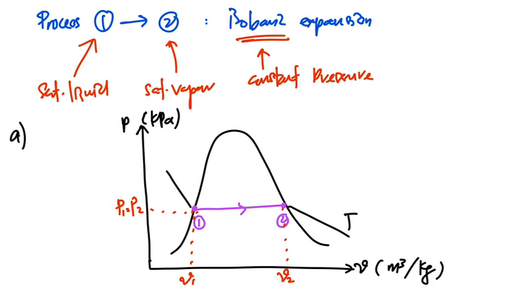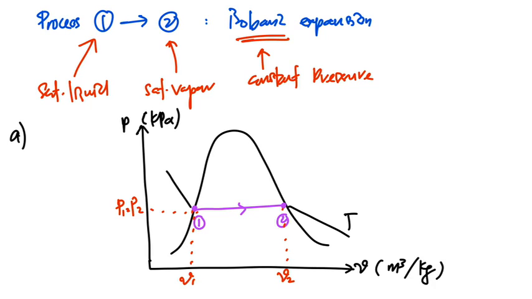The description says isobaric expansion of saturated liquid to saturated vapor. We already know that at state 1 the phase is saturated liquid and at state 2 it is saturated vapor.